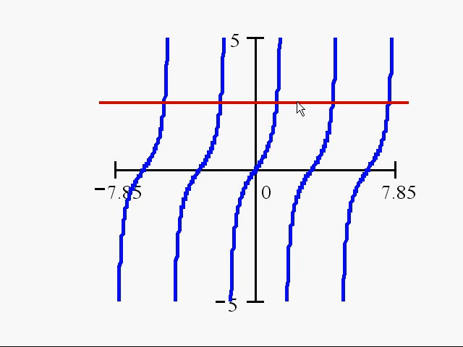So a horizontal line intersects every branch once, and if you want to make a function that's 1-to-1, the approach is to restrict the domain of the tangent function. Best way might be to pick one of these branches and just use it. And a nice one to use is a branch that is symmetric about the origin.